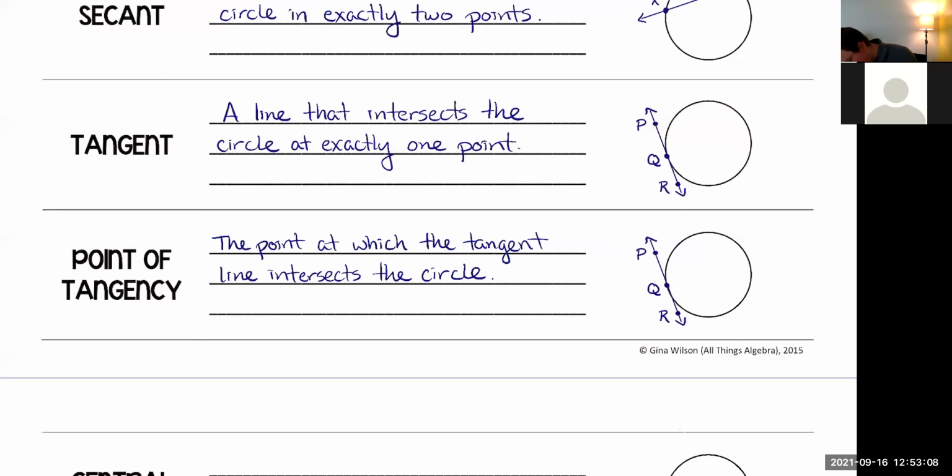The point of tangency from our diagram up above would be Q. It's the same exact diagram, but the tangent describes the line. The point of tangency describes the point where that line touches the circle. And that point is really special because it's kind of one of a kind.